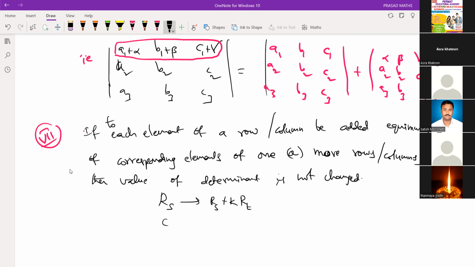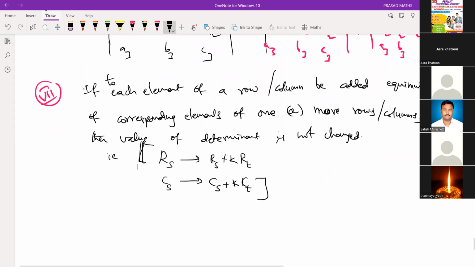That is, if you replace s column by s column plus t-th column, the resultant determinant does not change. That is the meaning, right? If you replace s row by s row plus k times t-th row, the resultant determinant does not change. That's what the argument is, right?